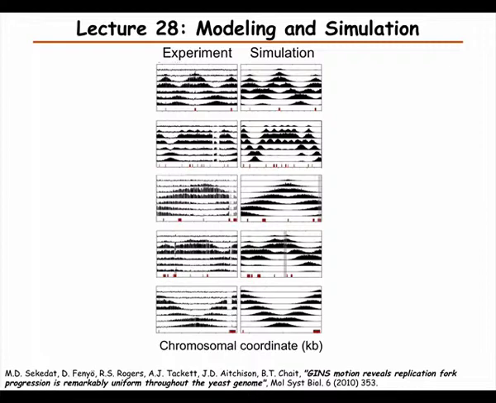So the figure here just shows a time-resolved ChIP-chip experiment for replication fork progression in yeast. So you see time going down here, starting before S phase. There's nothing much going on. When it enters S phase, you have some binding to the origins of replication.